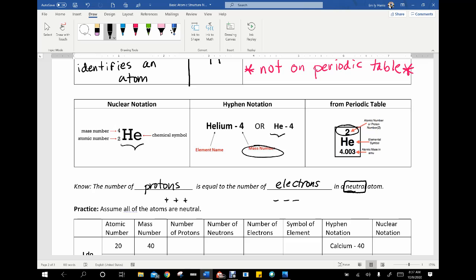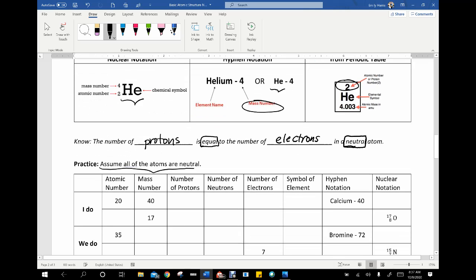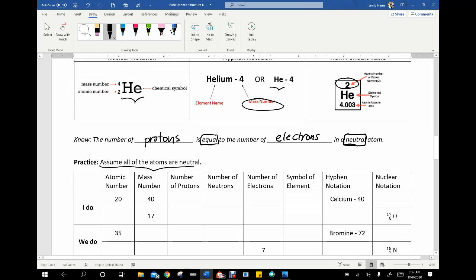So if you're told to assume that an atom is neutral, then the protons will be equal to the number of electrons. And that's what we're going to do here for our basic practice, is just assume that these atoms are neutral. All right, so let's go ahead and work a few of these together.